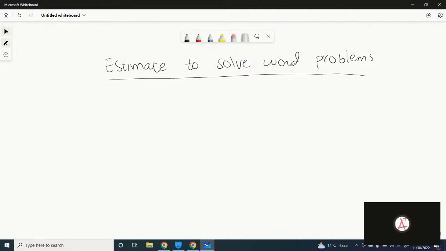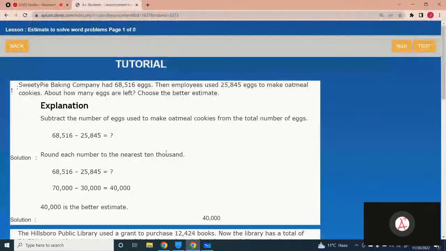Okay, let's start with the lesson. Okay, here I am on grade 6 maths. The chapter name is problem solving and estimation. And here is the lesson we're going to start with, estimate to solve word problems.